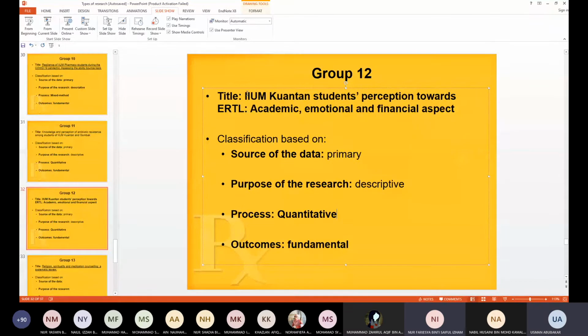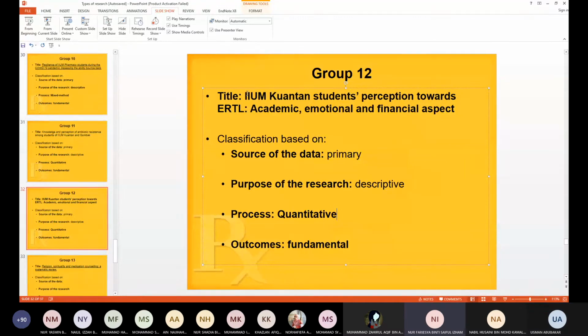Why do you think it's mixed? Because at first we want to know how the student is affected by the ETRL, and for the quantitative, we want to know how many of them are positively or negatively affected by ERTL. Okay, how is the qualitative component? Can you describe the qualitative component of your research?